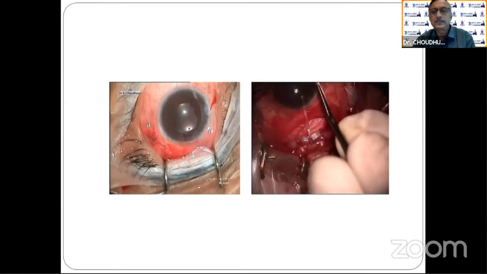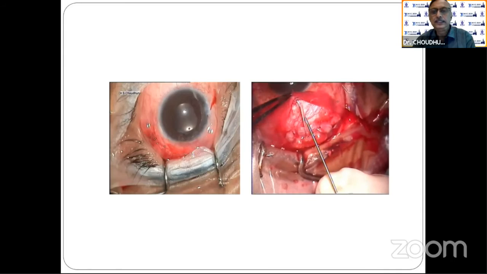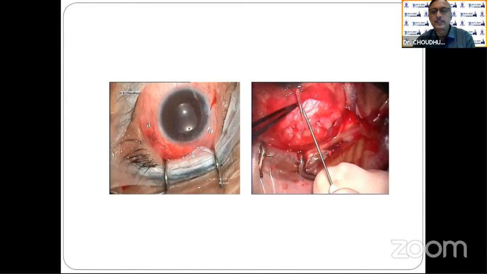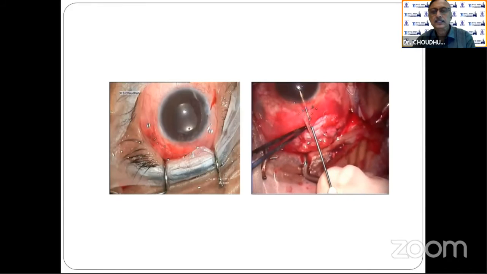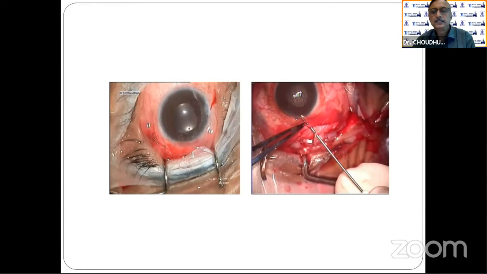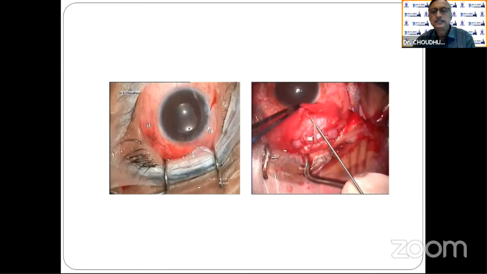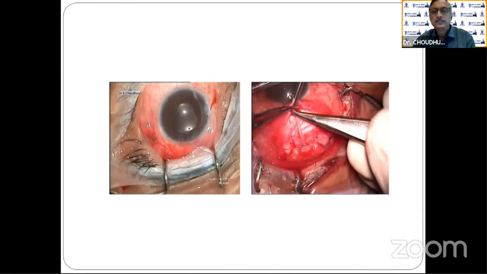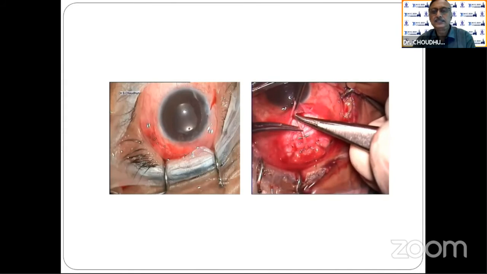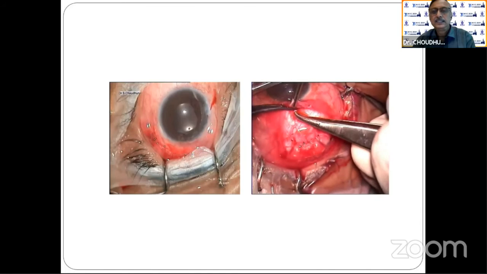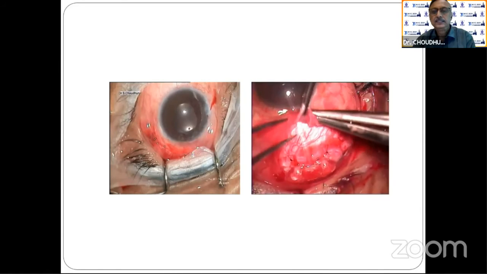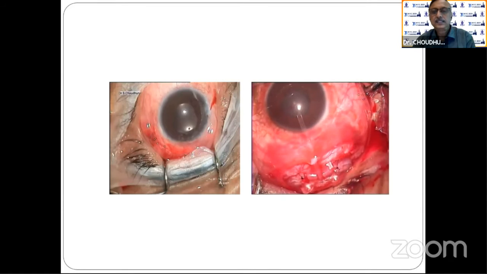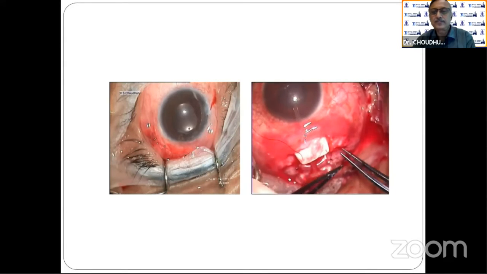The normal procedure as before: a 23 gauge needle, just open the anterior chamber. The tube is inserted inside. The patch graft.